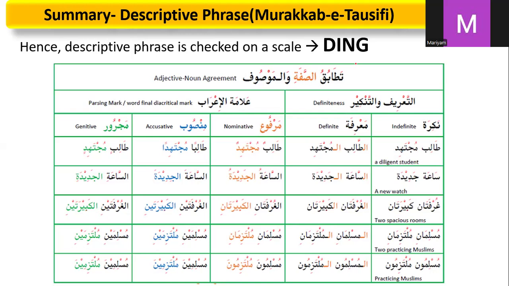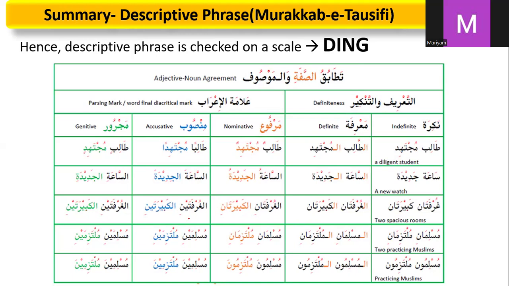The same way here, two spacious rooms. Now keep in your mind that when you do I'rab, the dual has ani, aini, aini. So if the phrase is in the nominative case, it ends with ani. You can see here, two spacious rooms, al-ghurfatani al-kabiratani. So now ending with ani.